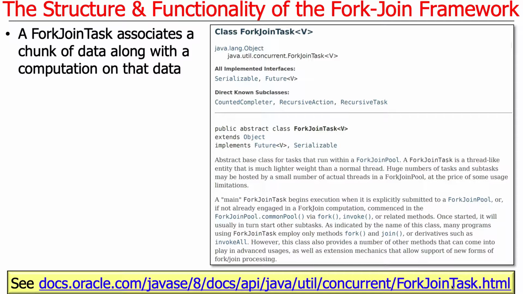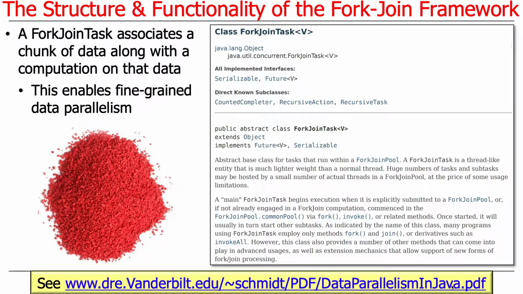So that's basically what it is. It's a class that connects data with computation. And the whole purpose of this thing is to support so-called fine-grained data parallelism. And you can read more about that here. But the basic idea is you can have lots and lots of fork join tasks, and they're going to be multiplexed over a smaller number of normal Java threads.